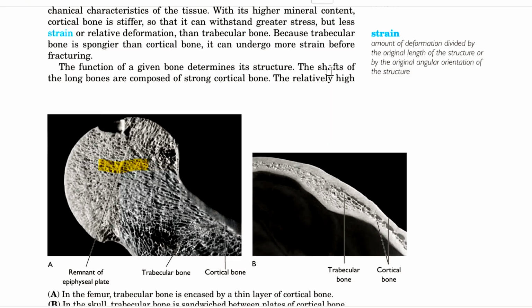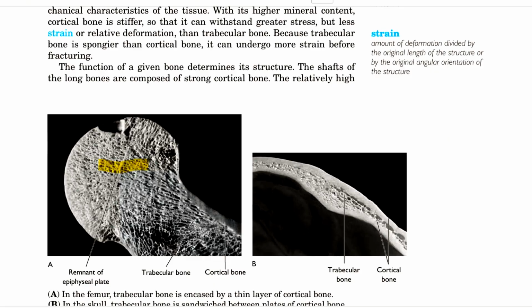After that, they have said that bone is anisotropic. What does that mean? Both types of bone behave differently depending on the direction of force. Bone is strongest when force is applied in compression, weakest when force is applied as shear force.